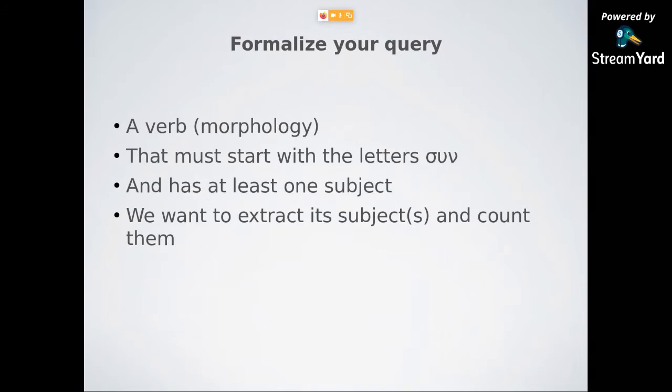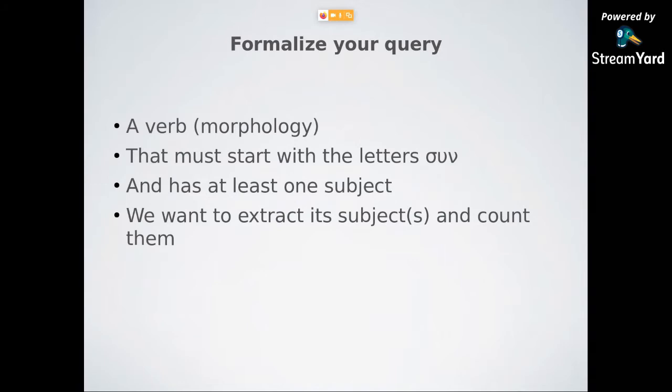In this case, you're looking for a verb. So you're looking into the morphology part of the annotation to say that something has part of speech verb. This verb must start with a certain sequence of letters, sigma, upsilon, nu. And this verb must, in the dependency structure, govern at least one word as a subject. And we want to extract that subject, classify them and count them.